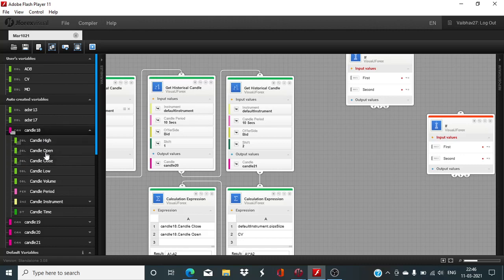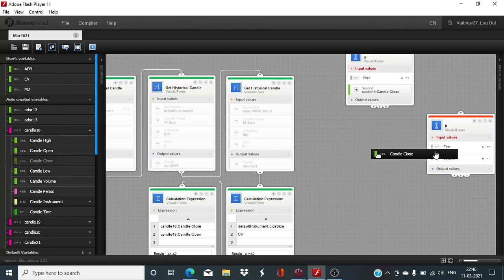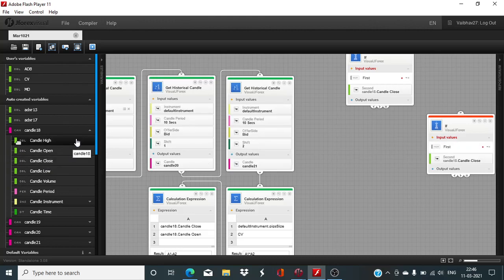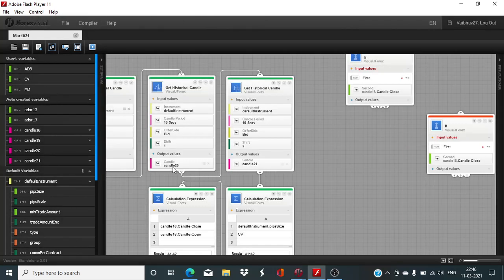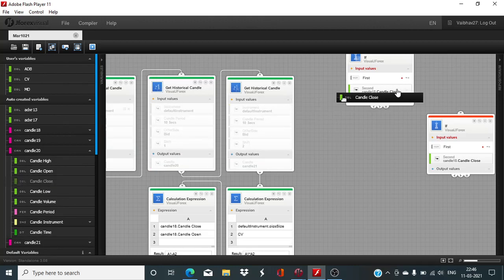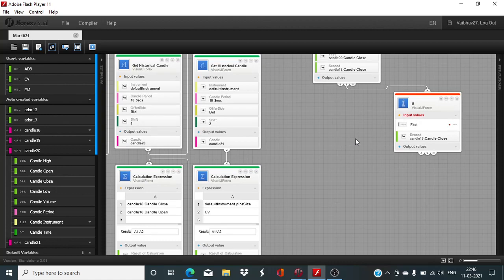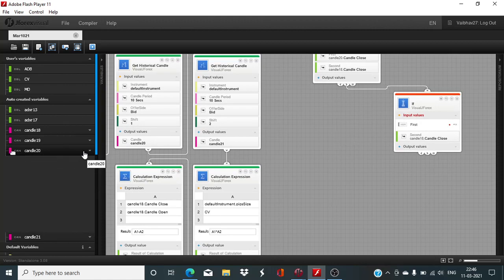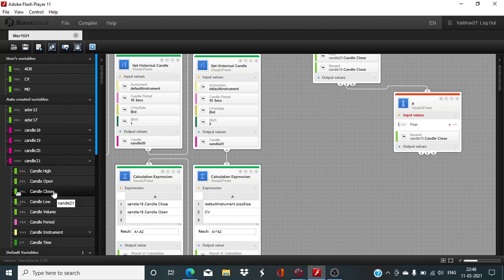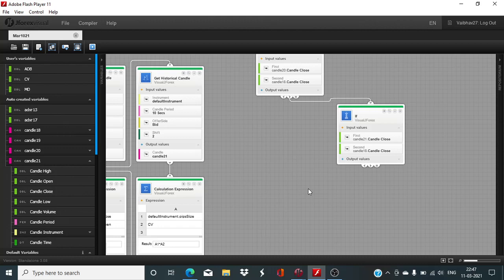We also need candle 18, so first we will take this as the second input for both these blocks, and now we want candle 20's closing value to be higher, first input greater than second input, at the same time candle 21's closing to be below the candle 18 candle close.